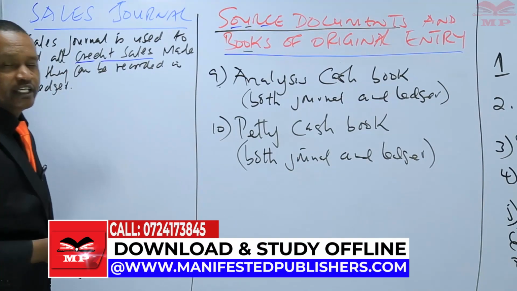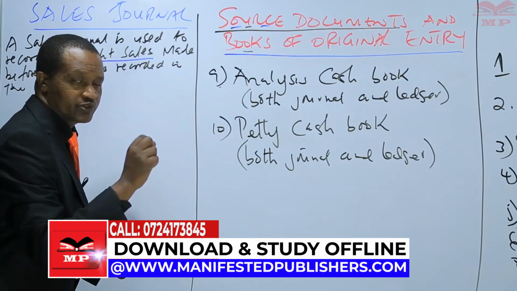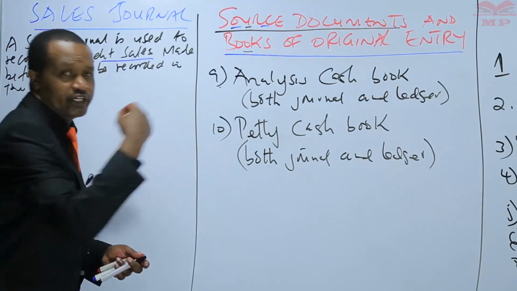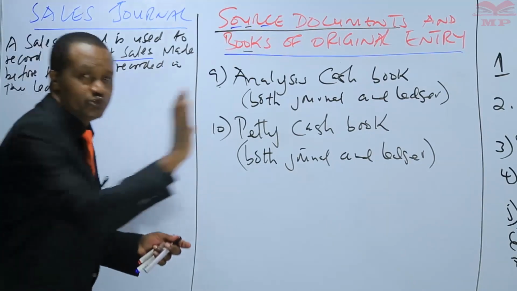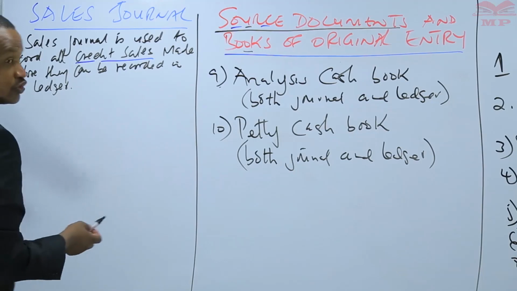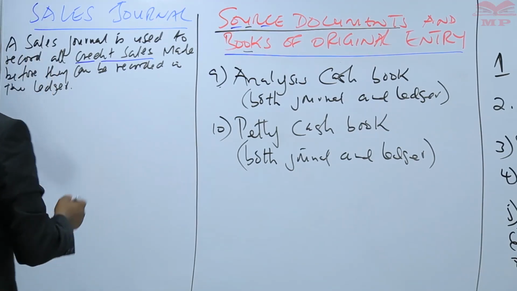Remember what we refer to as the outgoing invoice, the invoice that is issued to the debtors out there.